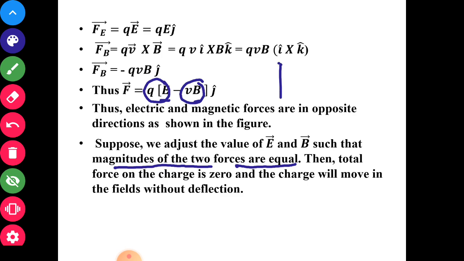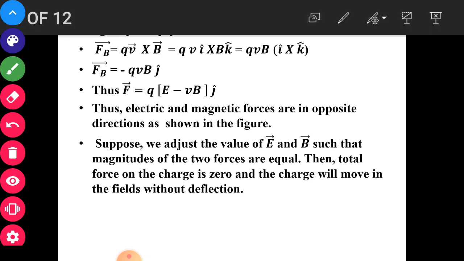Then the resultant force on the charge will be 0. So when it goes within the electric field and magnetic field, the total force on the charge is equal to 0.